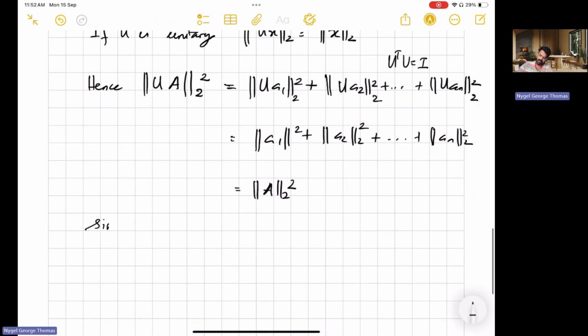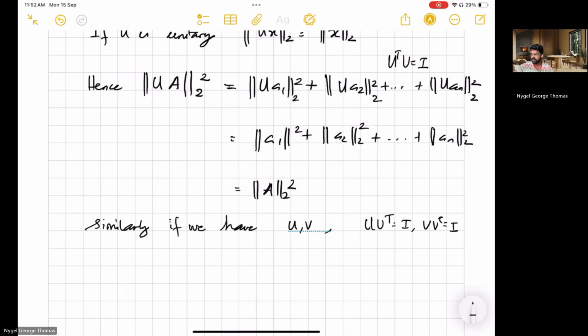Similarly, if we have two unitary matrices, U comma V, such that U into U transpose is equal to I, and V into V transpose is equal to I. Actually it's U transpose U and V transpose V equal to I. Does changing it have an impact?